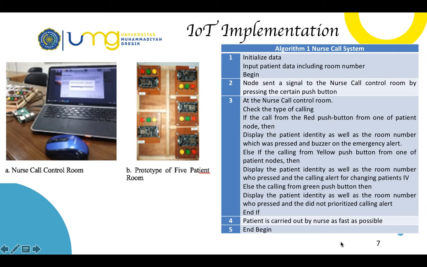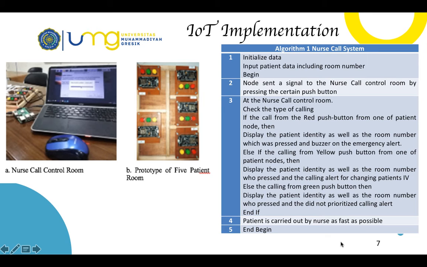Then at the NurseCall control room, they will check the type of calling. If the red push button is pressed, it will display the patient identity as well as the room number, with a buzzer on the emergency alert.